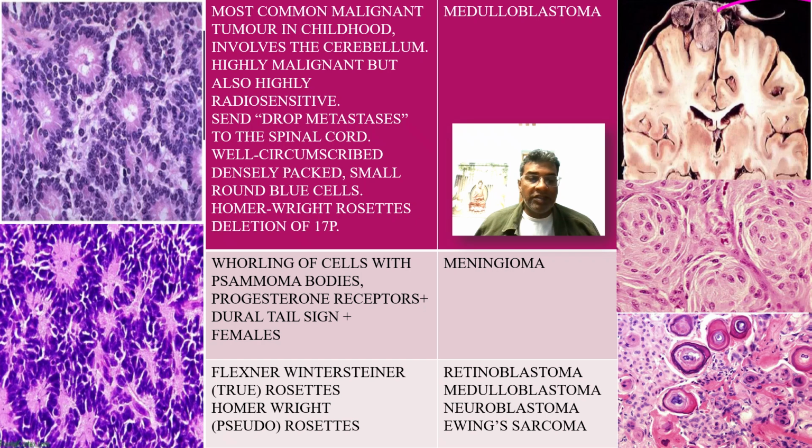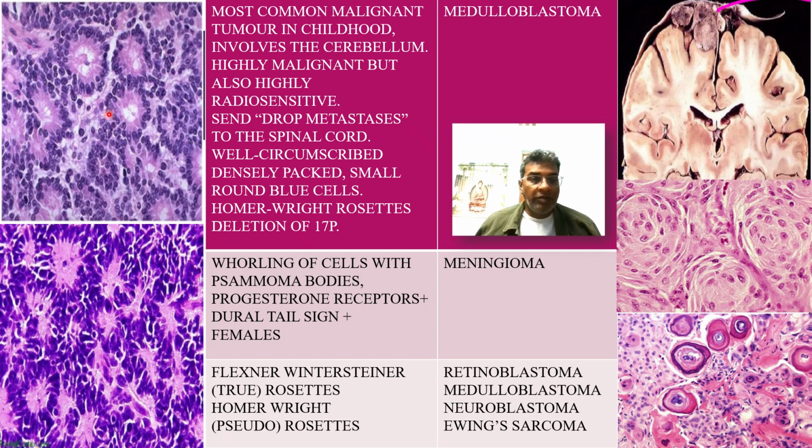Homer Wright rosettes have central pink material around which the cells are arranged in rosettes. They are called Homer Wright pseudo rosettes. P for pink and P for pseudo. Remember like that. And these Homer Wright rosettes are seen in neuroblastomas, Ewing sarcomas, medulloblastomas, and in a few cases of retinoblastomas.